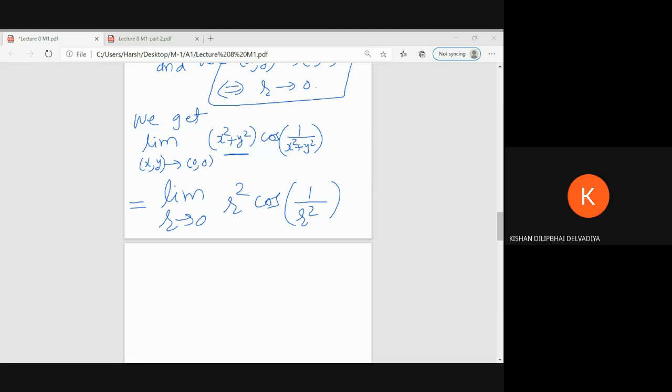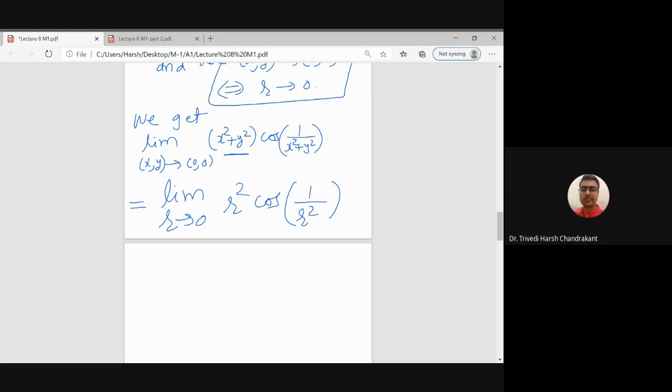Can we use the frequency of cos, or expand cos? Okay, any other way? Can we apply the squeeze theorem? This type of example we have studied with the squeeze theorem. Yes, we can use squeeze.